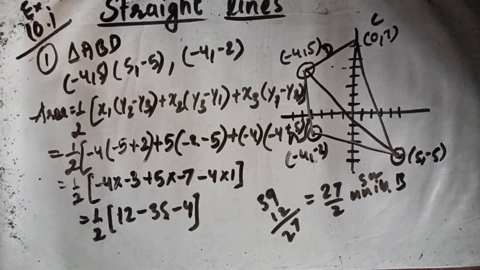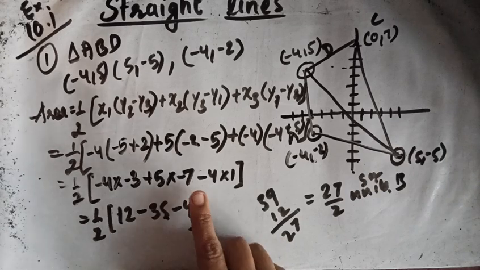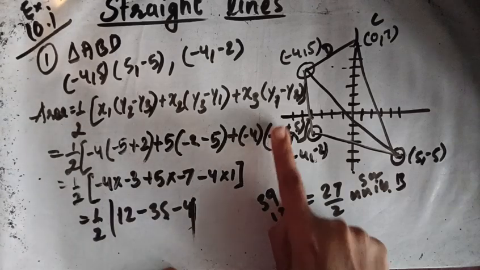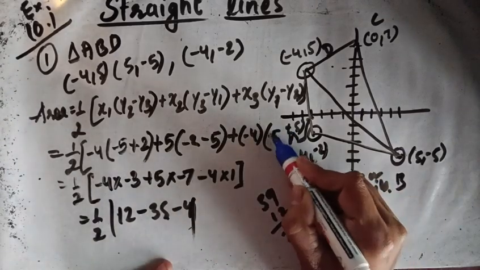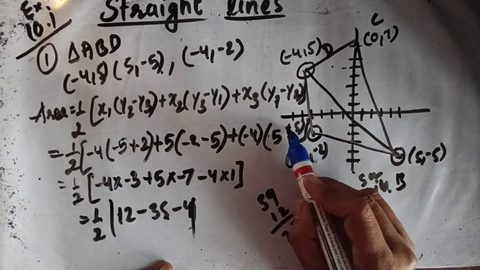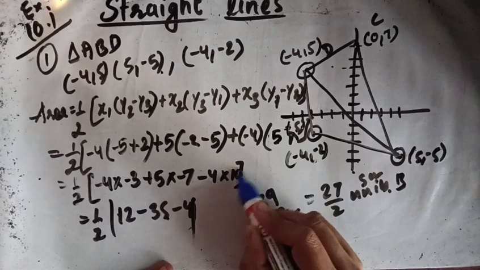And the other part is, this is minus, but we always take it as plus because here there is a mod sign. This is 5, y2 is minus 5, so plus 5. Oh, this is 10.